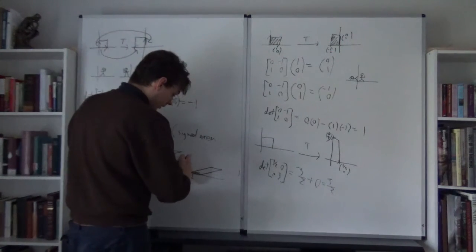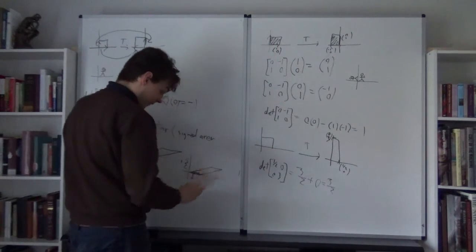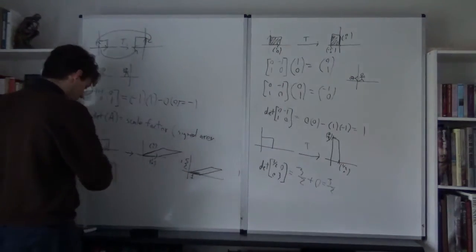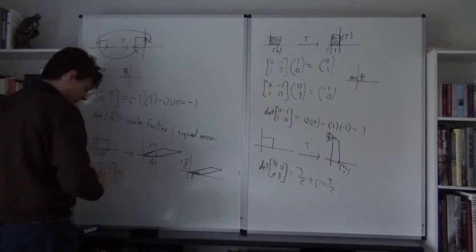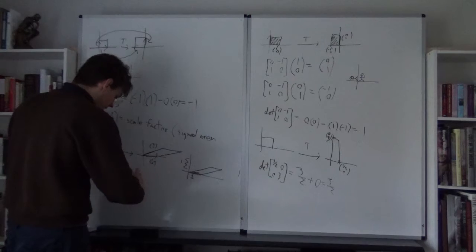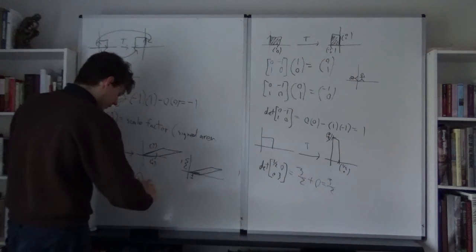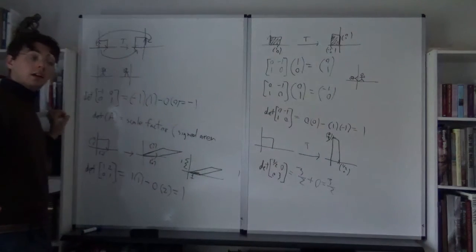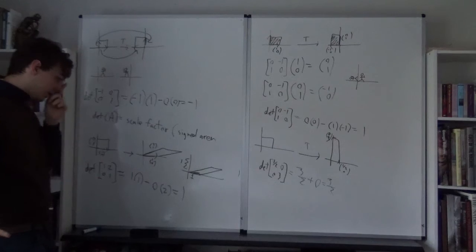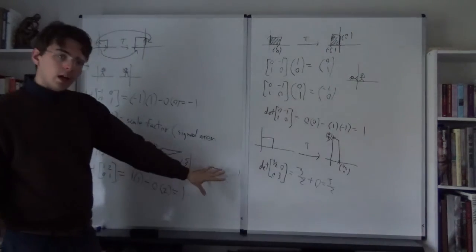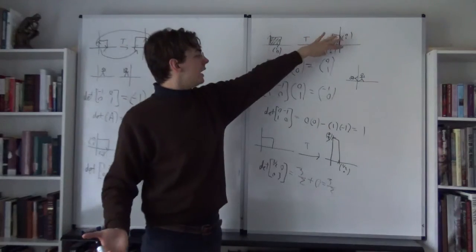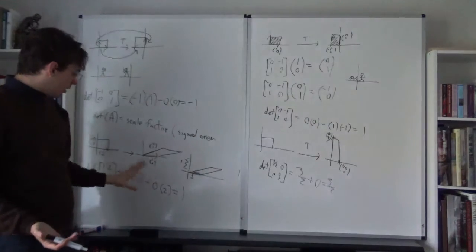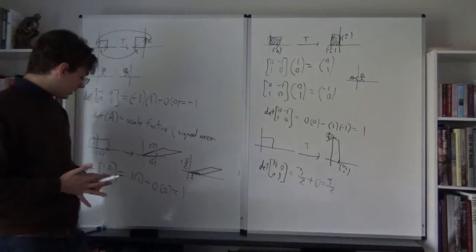This has width of 1 and height of 1. So the area stayed the same. So when I take the determinant on that transformation right there, it's 1 times 1 minus 0 times 2, which is 1. Exactly the area, right? Exactly the scale factor. Things got pushed around, you know, like they did here, and things ended up in different places, but the area was preserved, okay? So the determinant keeps that in perspective, all right?